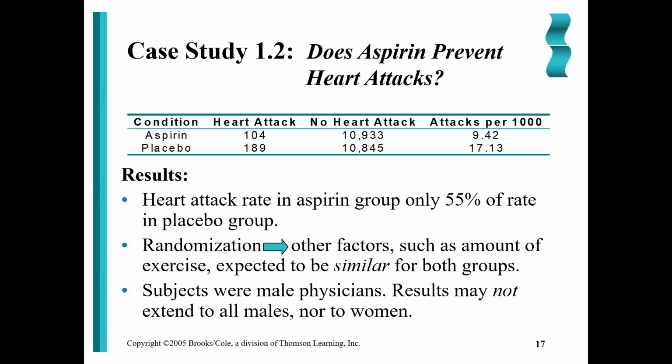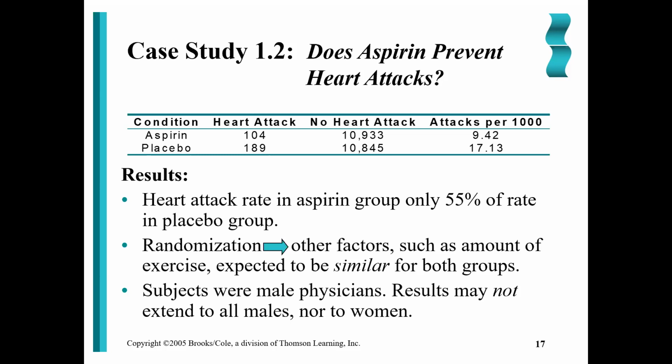When you have an observational study, there are no treatment groups. Basically, you're just looking at results, just looking at people. If this was an observational study, you would basically ask people, have you had any heart attacks in the last 5 years? And maybe, do you take aspirin? That sort of thing. What's your dosage and how often do you take aspirin? Those types of questions.